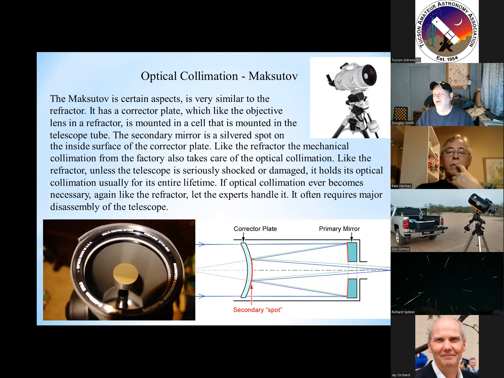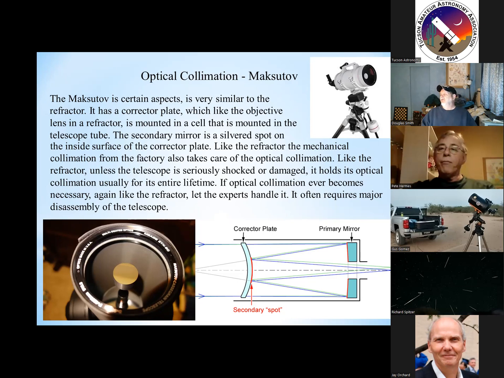So unless, again, the telescope is seriously shocked or damaged, Maksutovs usually hold their optical collimation really well, usually for the entire lifetime of the telescope. I've got a Maksutov telescope, actually. And I did have to have it recollimated.